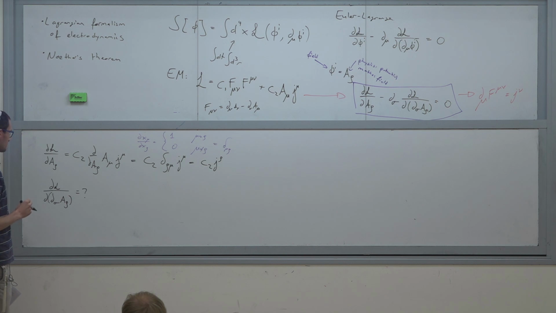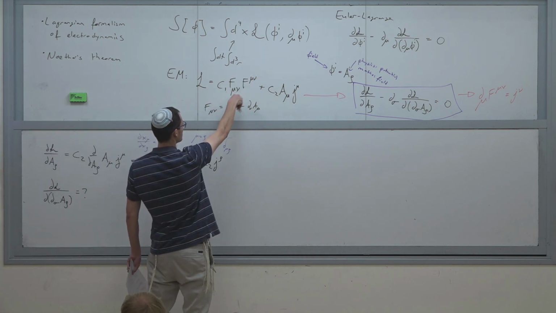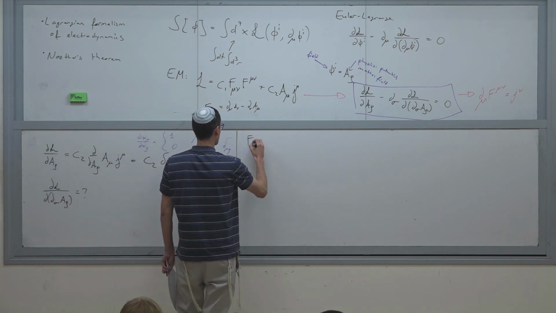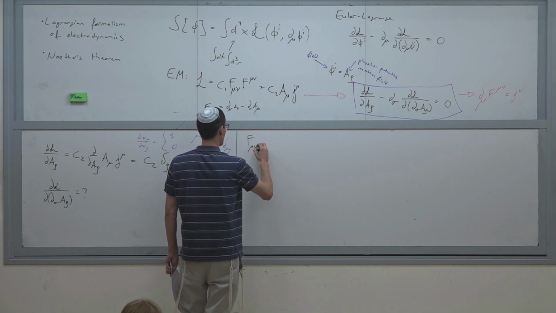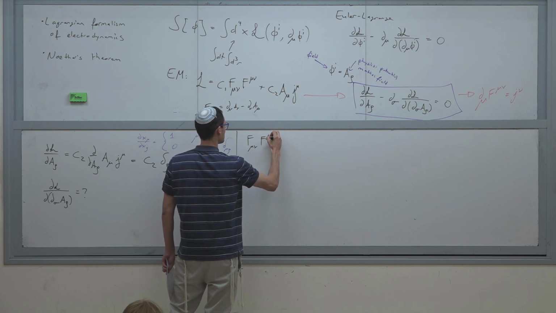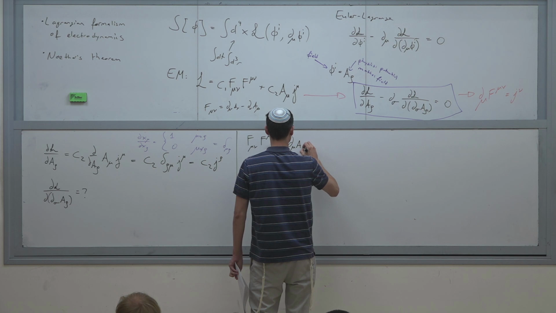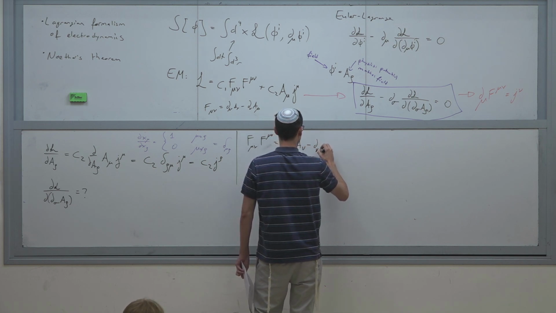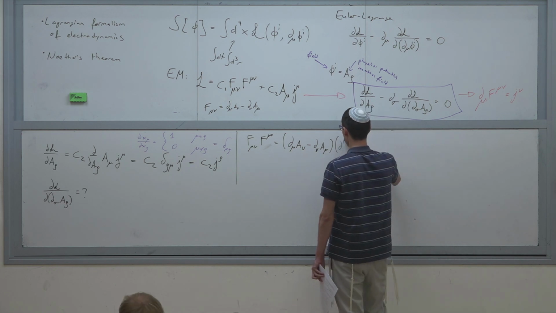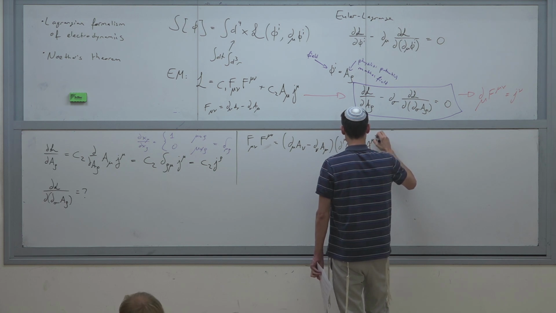Before we get into that, let's try and write this F mu nu in terms of A, so we'll know what we're doing. So F mu nu times F mu nu. I'm going to plug in the definition of F mu nu. So this is d mu A nu minus d nu A mu, times the same thing with upper indices, d mu A nu minus d nu A mu with upper indices.